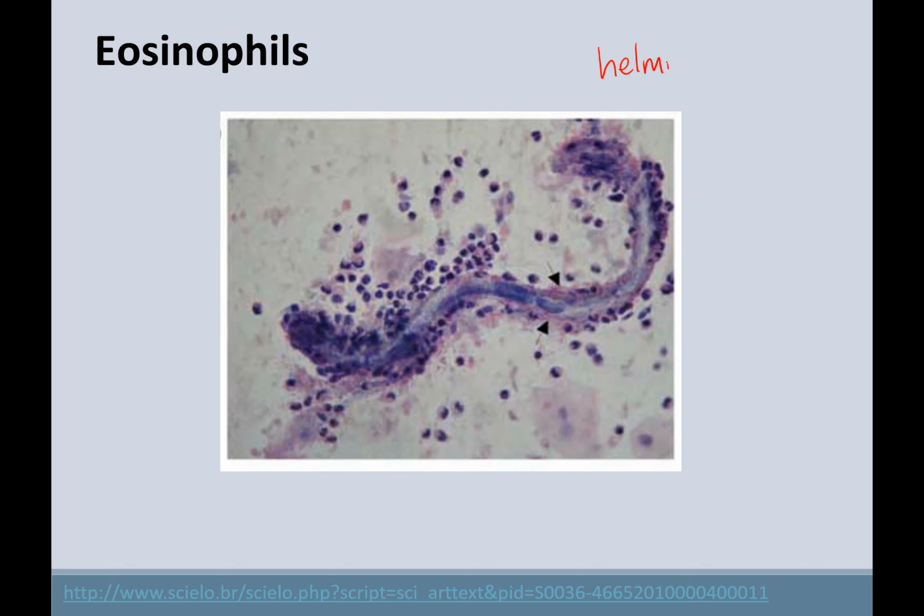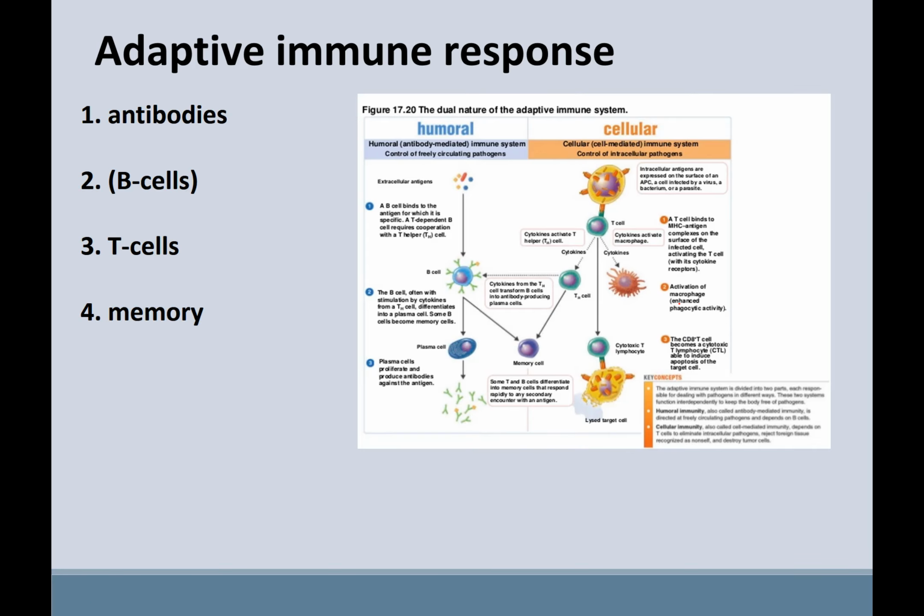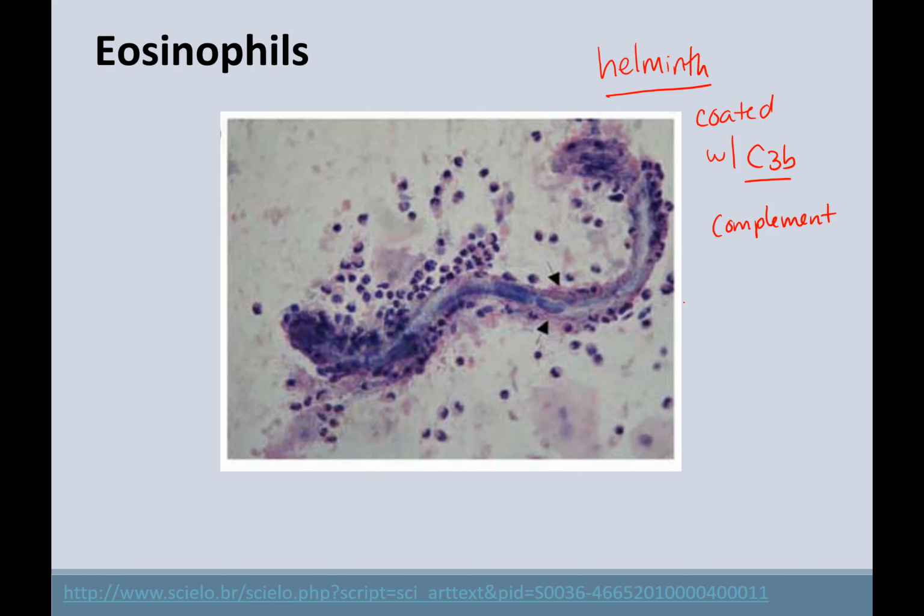Here's a little worm. This worm has been coated with C3b, which is part of the complement. So the complement recognized it as foreign, attached the proteins to it, and then all these little eosinophils attached to the complement. And so now this poor little worm is coated with white blood cells.